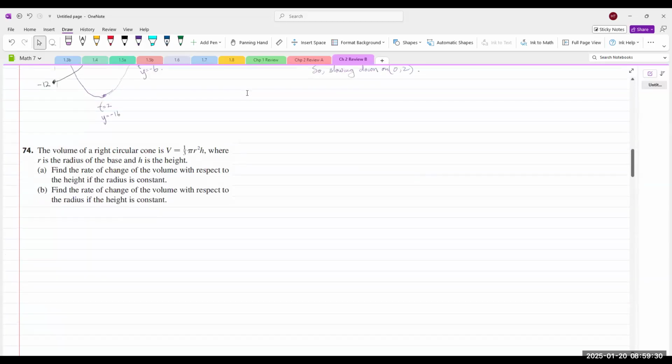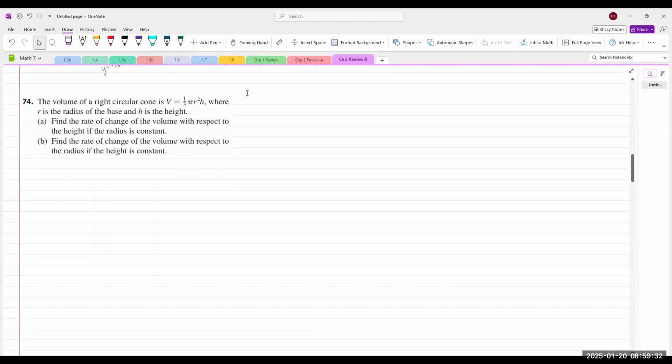Number 74. The volume of a right circular cone is given by that function, V equals 1/3 pi r squared h, with the radius r for the base and h for the height. Now find the rate of change for the volume with respect to the height if the radius is constant.